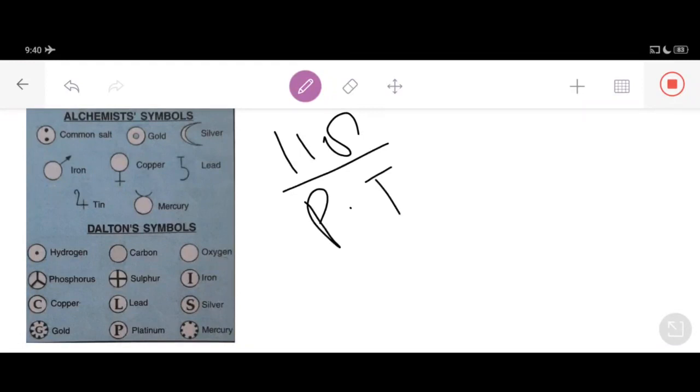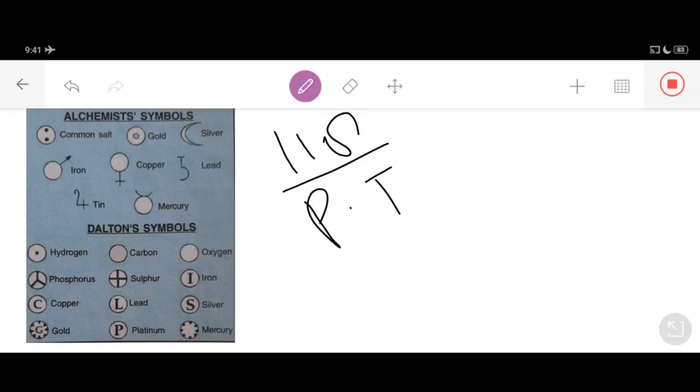A layman will ask why every single element is represented by its respective symbol in the periodic table. Because it makes our study systematic and easy, and it becomes easy for us to write, memorize, or remember those symbols.